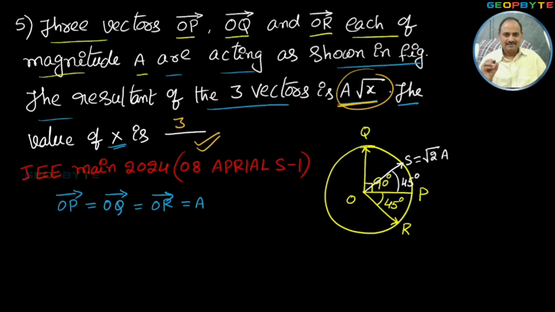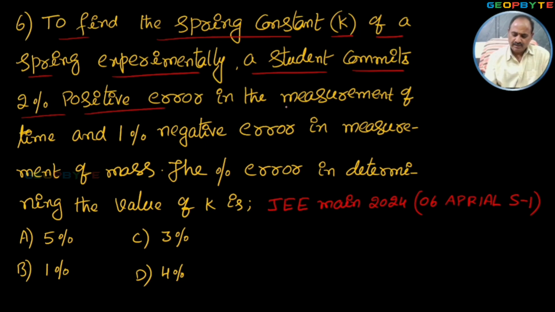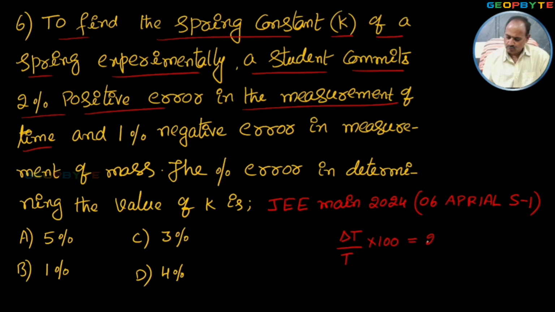Understood? Let us take another question. It is asked like this. To find the spring constant K of a spring experimentally, a student commits 2% positive error in the measurement of time. That means delta T by T into 100 is equal to 2%.